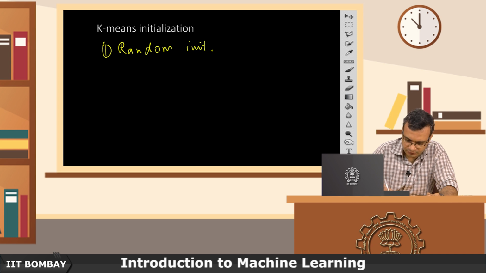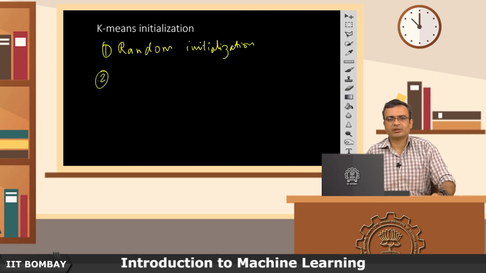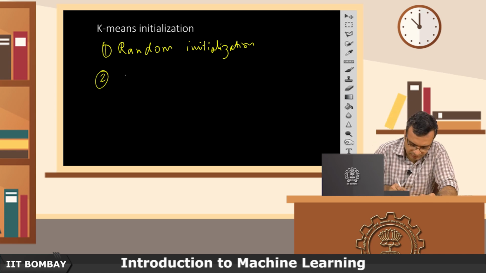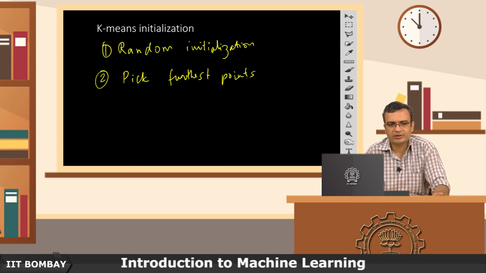The other possibility is that each cluster center should be very far away from each other. So this would be to pick furthest points, which are subsets of the training points, the sample points themselves, that are given to us.